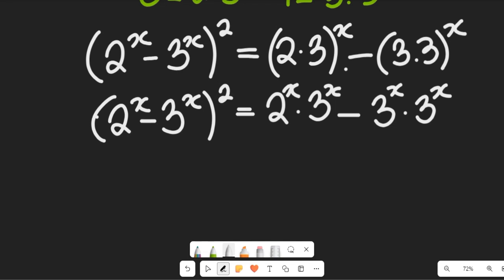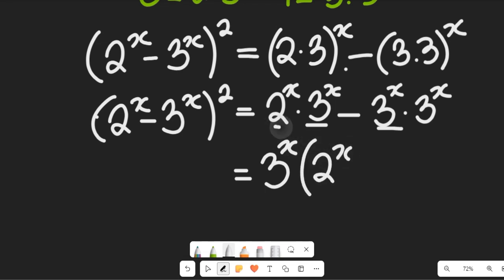Great. Now, with this expression, I can simplify thoroughly. I can see that 3 to the power of x is common in this expression, so I will bring out one common term, which is 3 to the power of x, and that will give me 2 to the power of x, because this whole thing divided by 3 to the power of x will be left with 2 to the power of x, minus this whole thing divided by 3 to the power of x, 3 to the power of x.